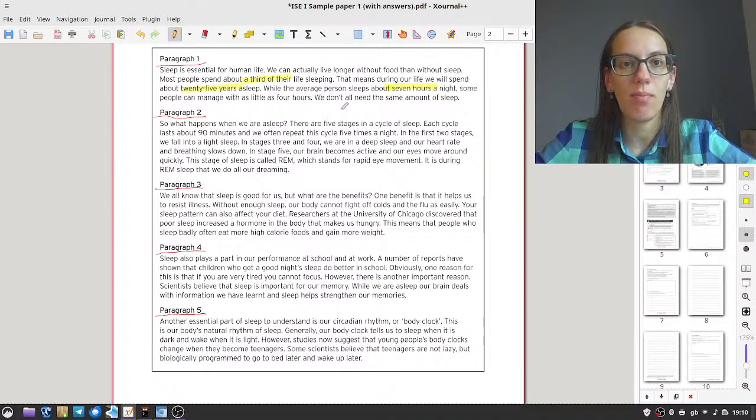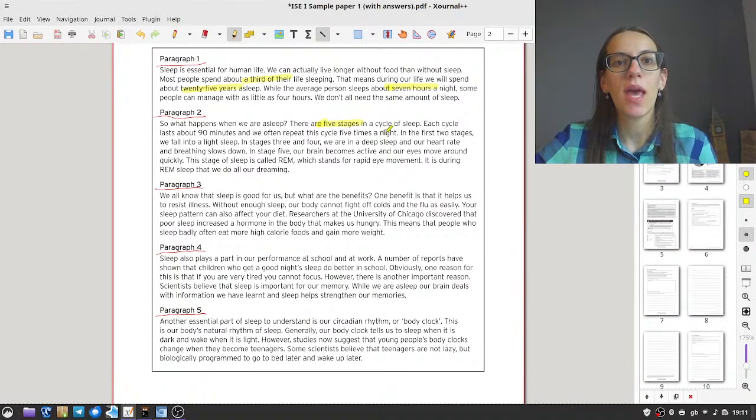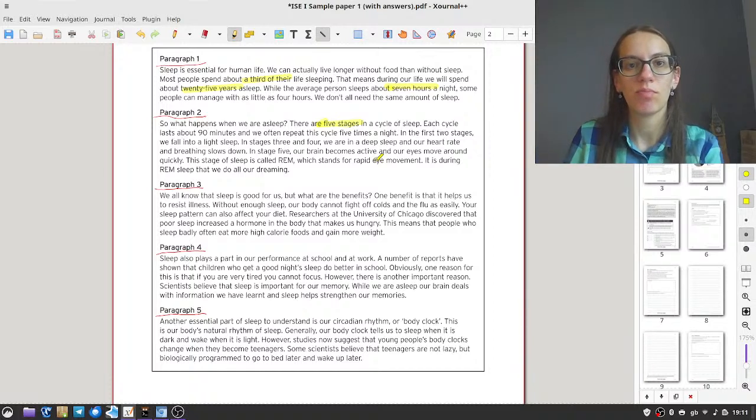So, my answer to this question is, it's about the stages of sleeping, right? So, there are 5 stages. Still getting used to this tablet. There are 5 stages in a cycle of sleep, and then this paragraph tells us about each stage.